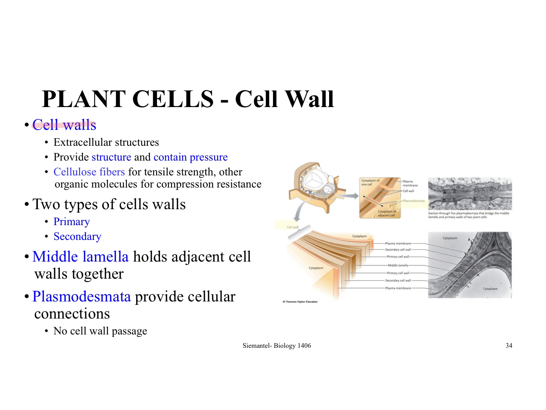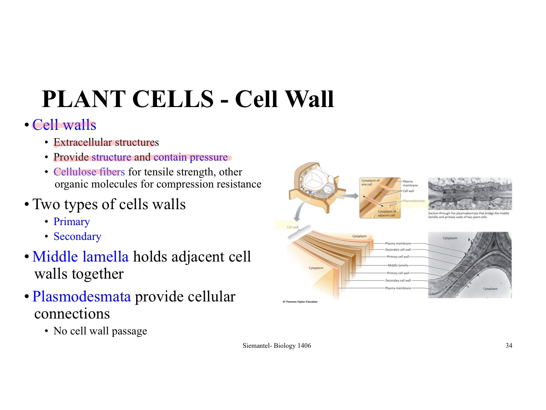It's an extracellular structure, and it helps to provide support and also to contain that pressure from that central vacuole being full of water. In plants, it's made up of cellulose fibers because they are very strong, and then it also can have other organic materials in there to help with its job of keeping structure.